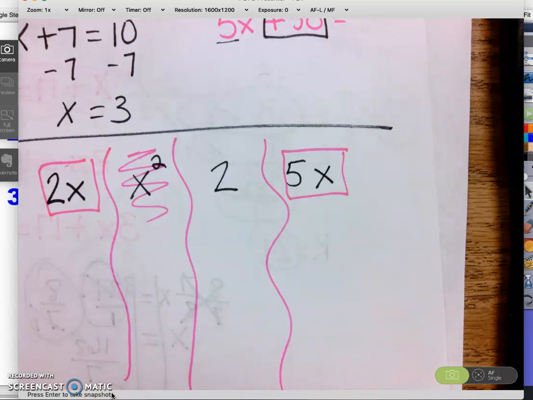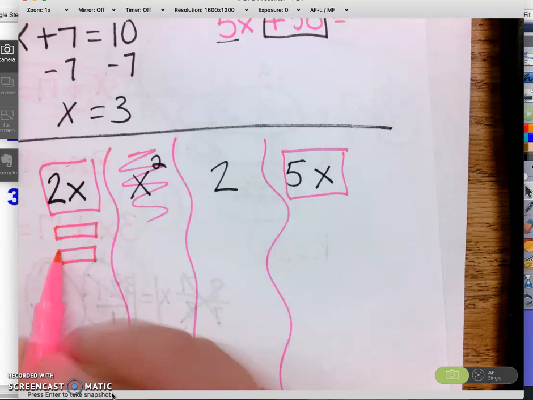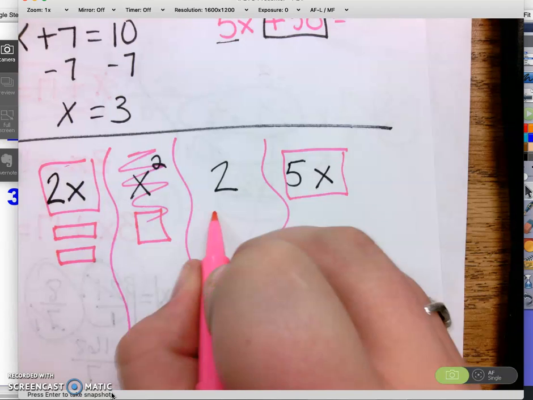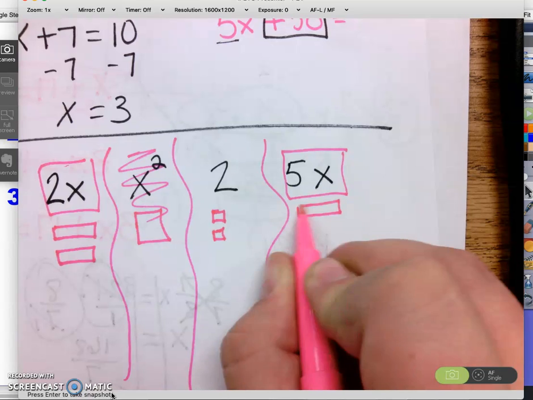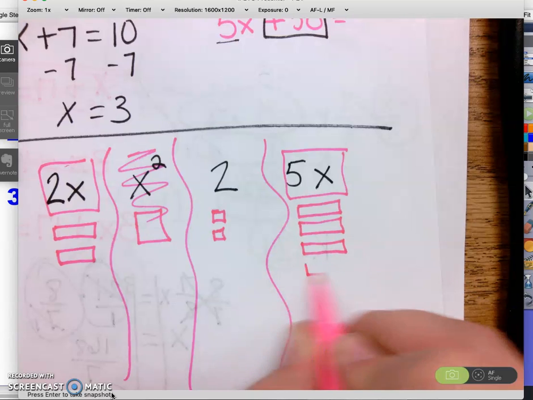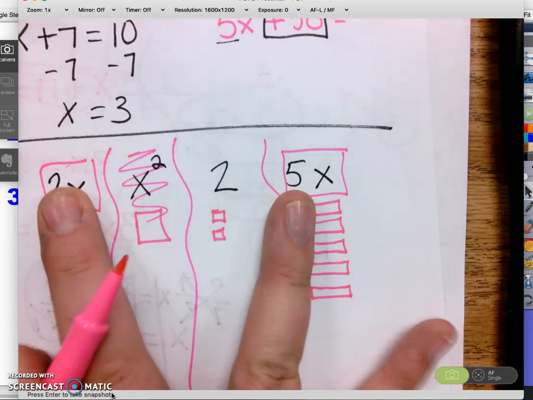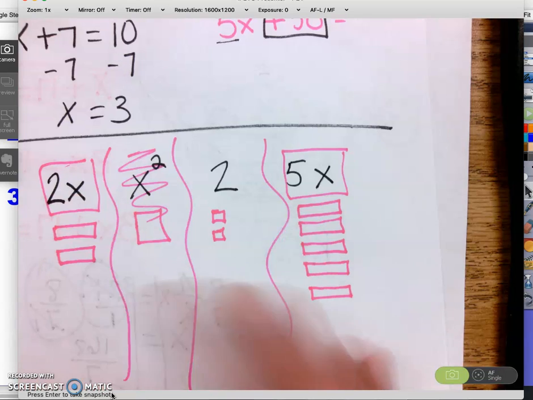If I were to draw this out, and we're going to work with algebra tiles more on Friday, I think, this would be what my x's look like. And this is an x squared. And then 2 units are just going to be my 2 little units, and then again, 5 x's. When I'm talking about like terms, I like to replace x with apples. 2 apples plus 5 apples equals 7 apples, right?